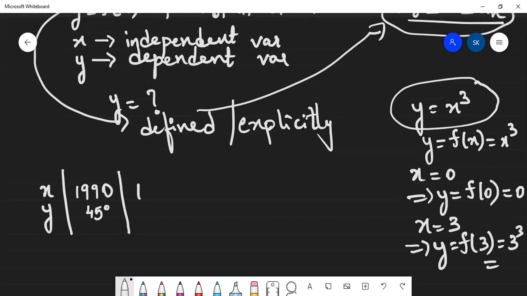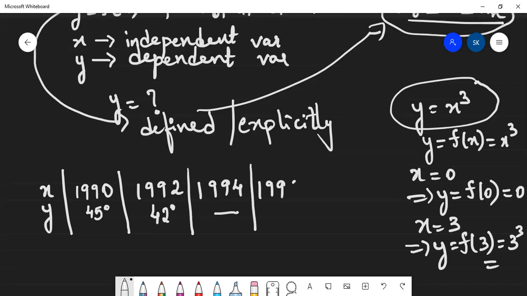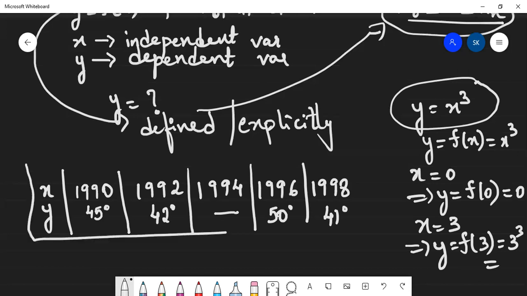In 1992, it is 42 degrees. Then in 1994, I don't know what the temperature was. In 1996, it was 50 degrees. In 1998, it was 41 degrees. Suppose some tabulated values are given.